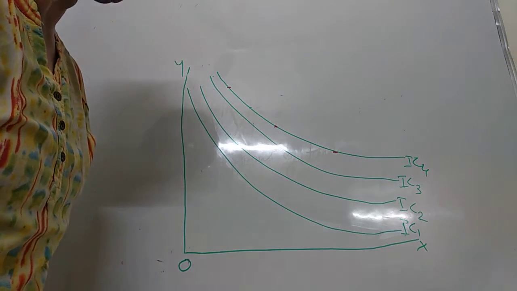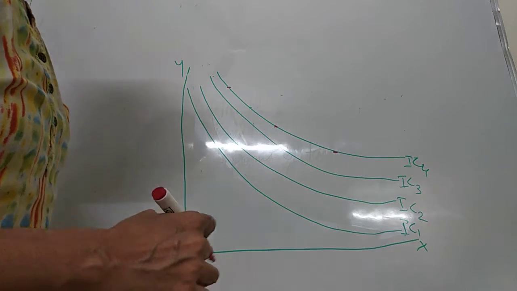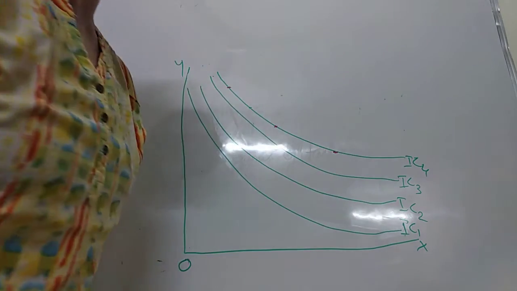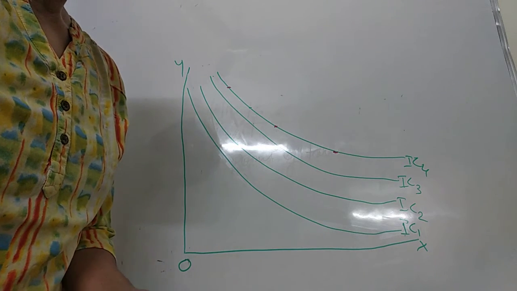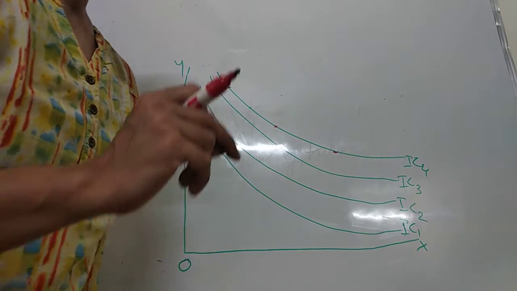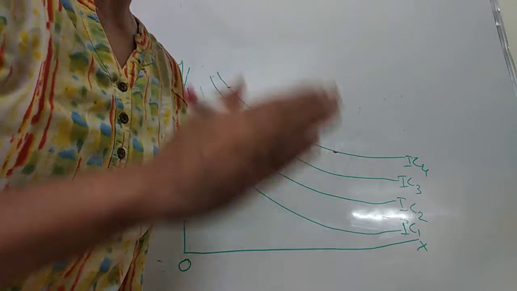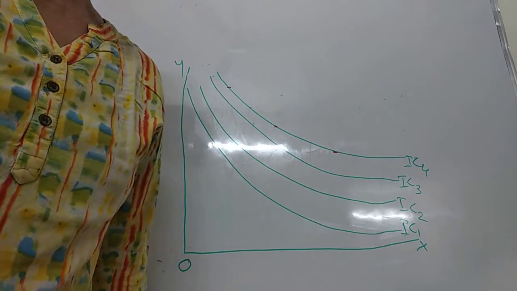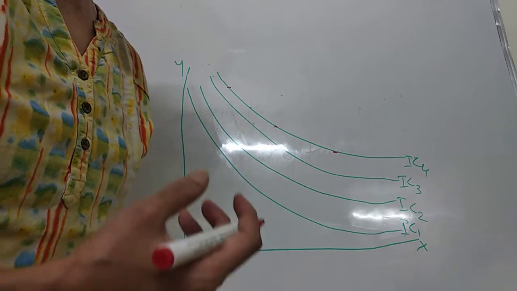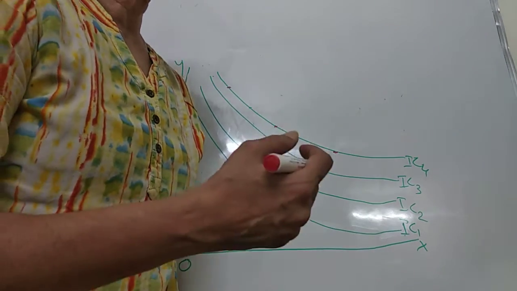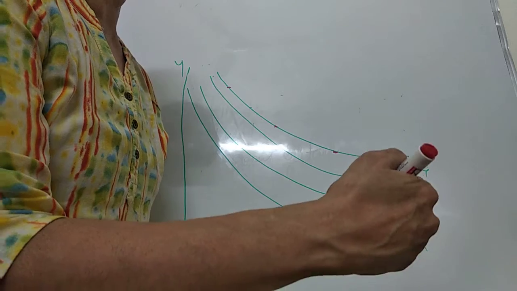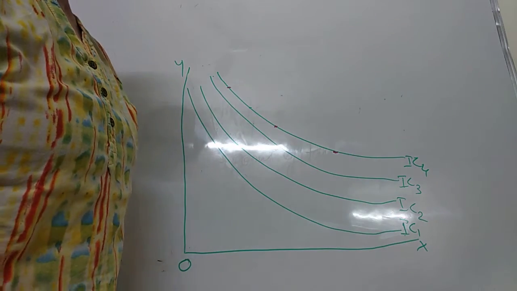Because of this property, a rational consumer will always prefer to consume any of the combinations lying on the higher indifference curve. But the consumer is restricted by his budget. Right? He has a limited income and the prices of the goods are given. So there is a restraint on the consumer which is given to us by the budget line.